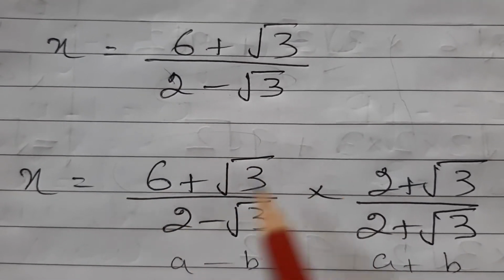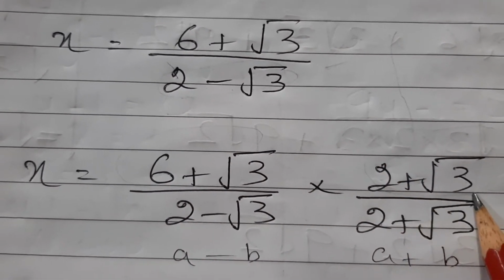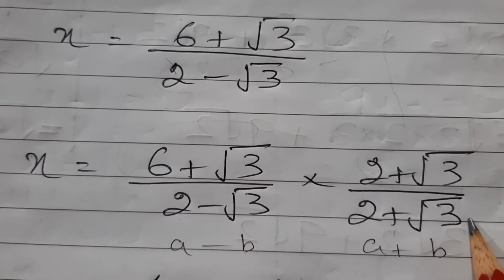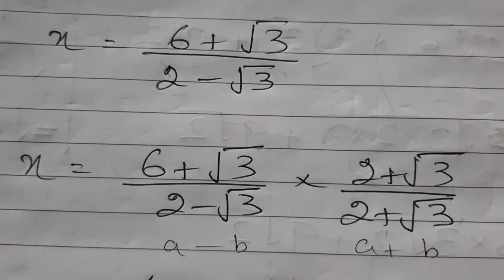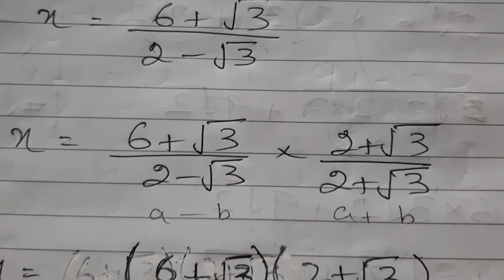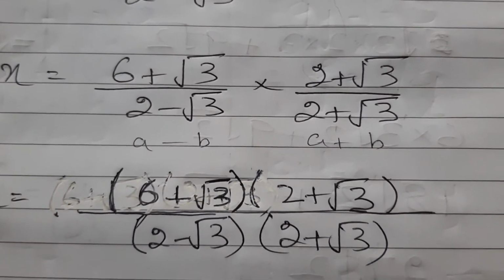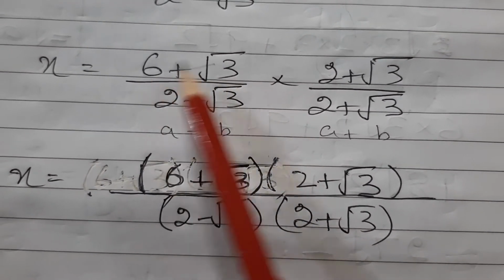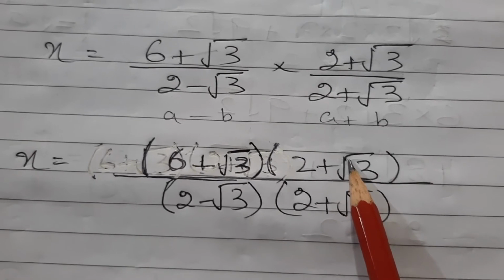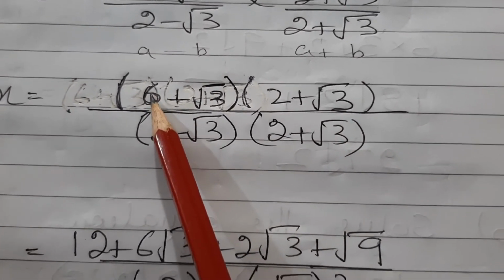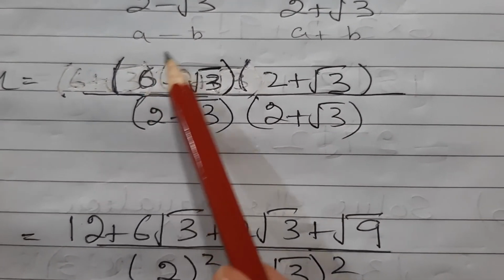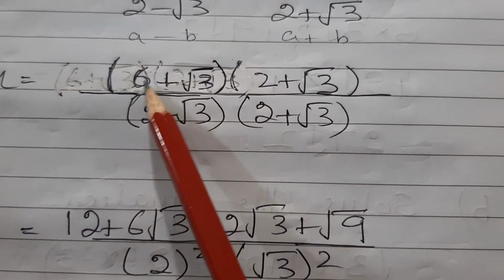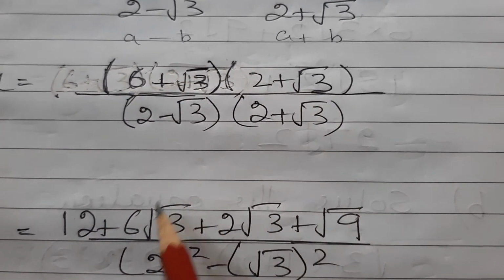Now this numerator will multiply by this numerator, and this is reminding me of a minus b, a plus b. So when they will multiply, it will become a square minus b square. Can you notice? I am writing this whole thing in the bracket and this whole thing in the bracket. And now simple algebra, 6 times 2 is 12. 6 times root 3 is 6 root 3.